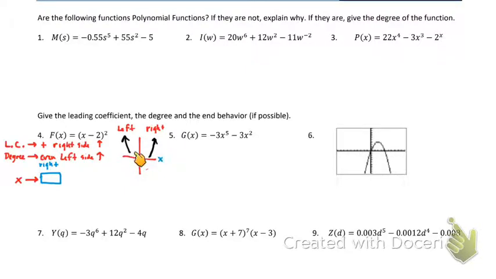Will it ever stop going to the right? The answer for these is no. For now, we don't have anything stopping it. So over here we call this positive infinity. My graph is going to the right, all the way to positive infinity. So that's how we talk about the right side, positive infinity.